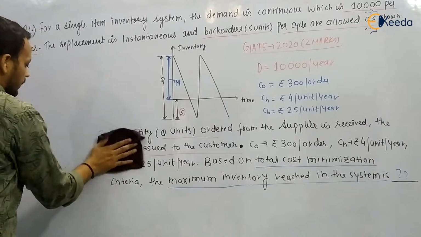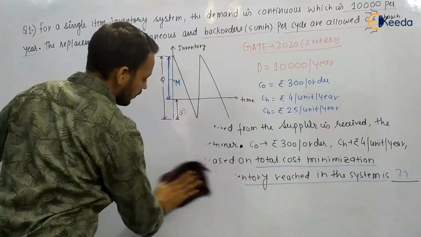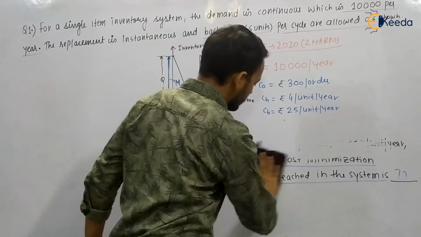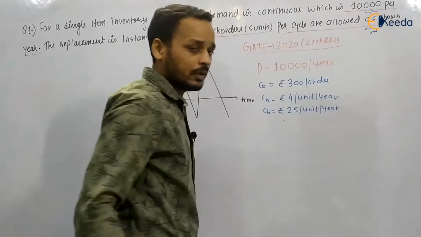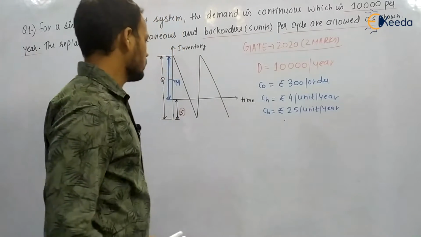Either you can directly remember the formula, because this type of question has already been asked earlier in the GATE examination. So you must remember the formulas, and if you don't remember, then there are some lengthy procedures.